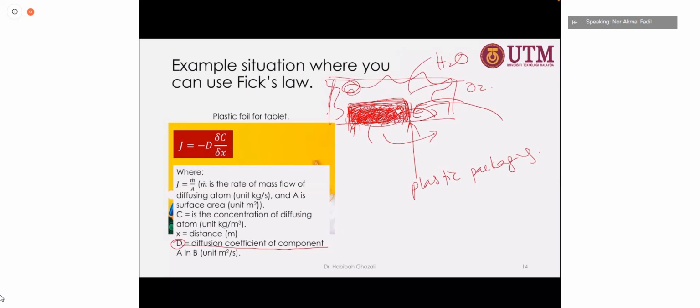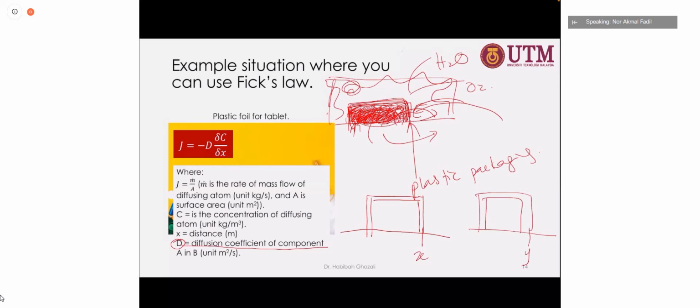For the application, you can compare between one material, for example material X, and another packaging material, which is Y.